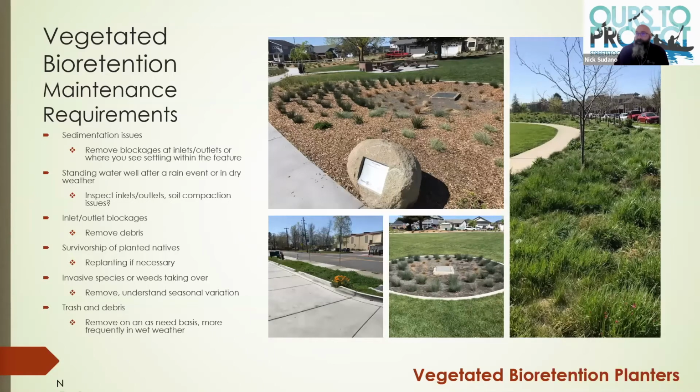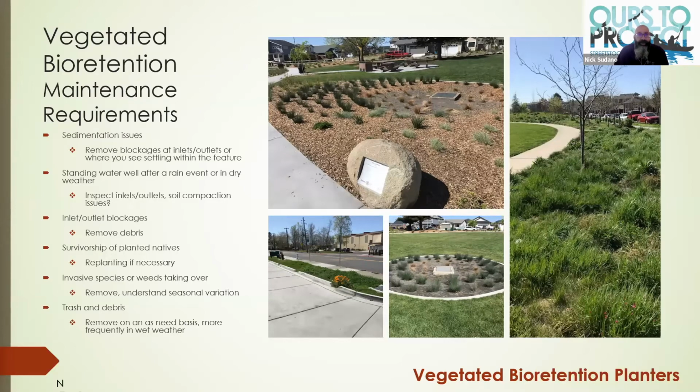These are common issues that we would find in these bioretention features, such as sedimentation issues, looking for blockages and cleaning them out, dealing with standing water, and making sure that water drains after 72 hours. We're inspecting the inlets and outlets, looking for soil compaction issues, and removing debris from those outlets.